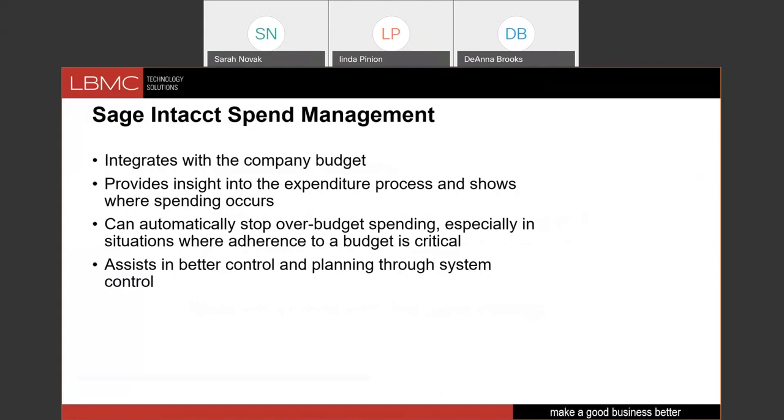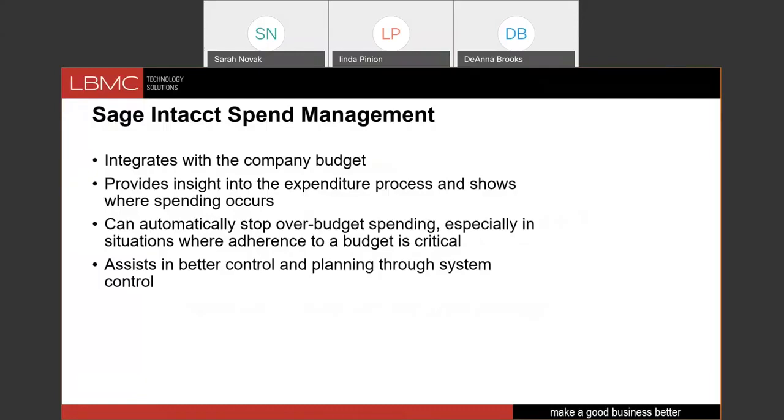We need a better way to control our purchasing and make sure that we are not overspending against our budget. So we released Spend Management and initially had a great uptake from the NSP vertical.